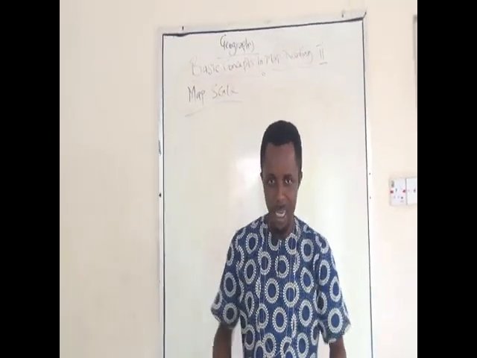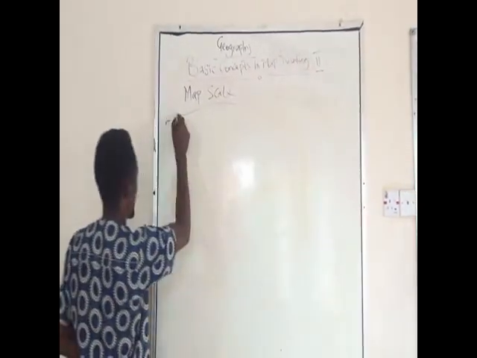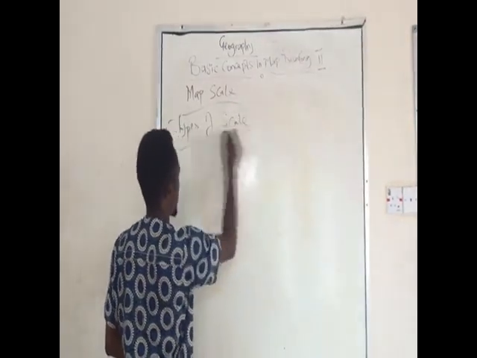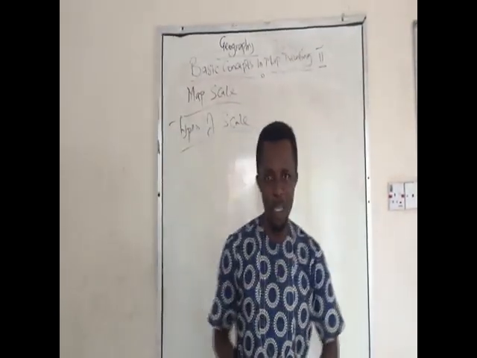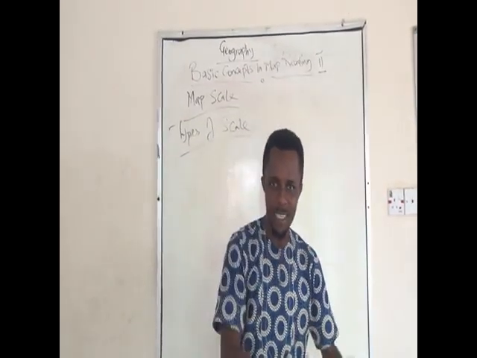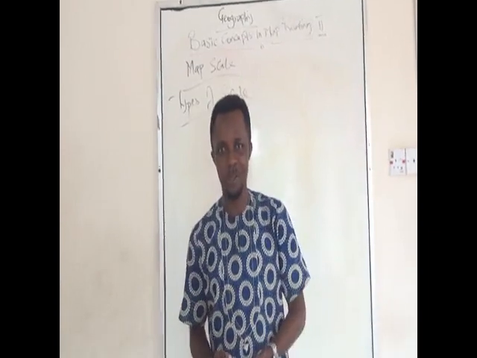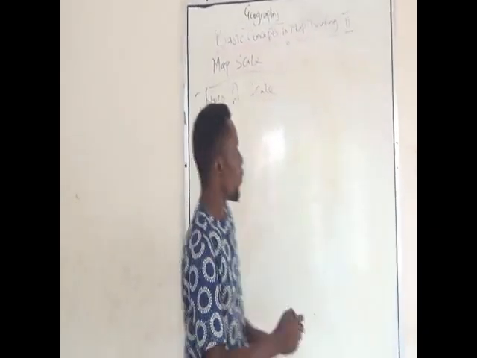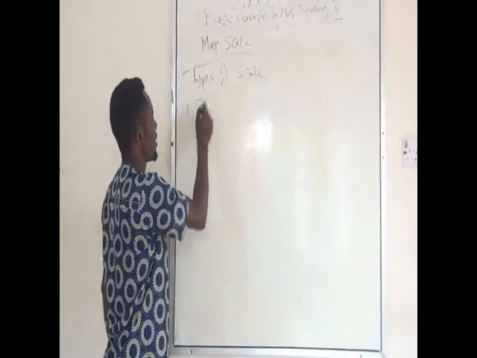Good. Types of scale. There are 3 ways you can express this relationship between a distance on the map and a distance on the ground. Meaning, there are 3 types of scale. Number 1 is statement scale.